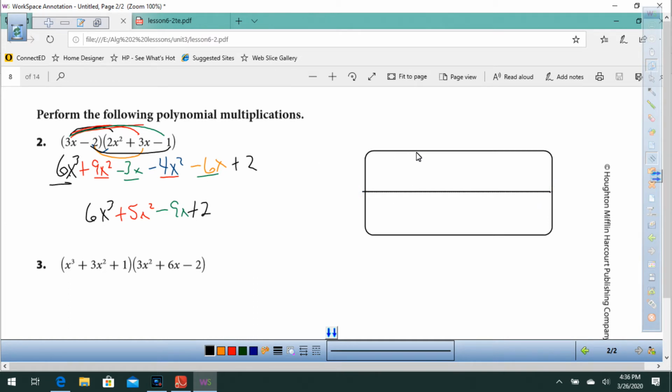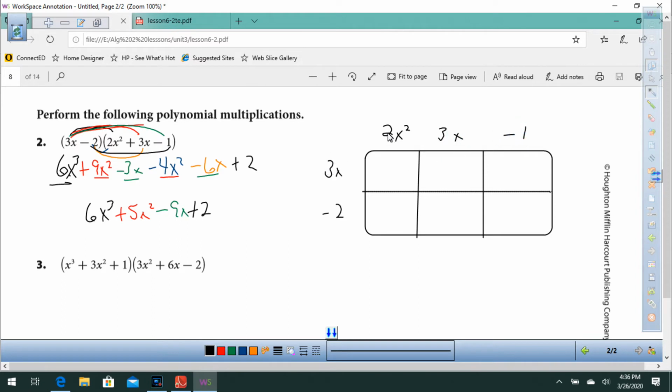You might call it a Punnett square in science class. Across the top we have 2x squared, 3x, and negative 1, and down the side we have 3x and minus 2.